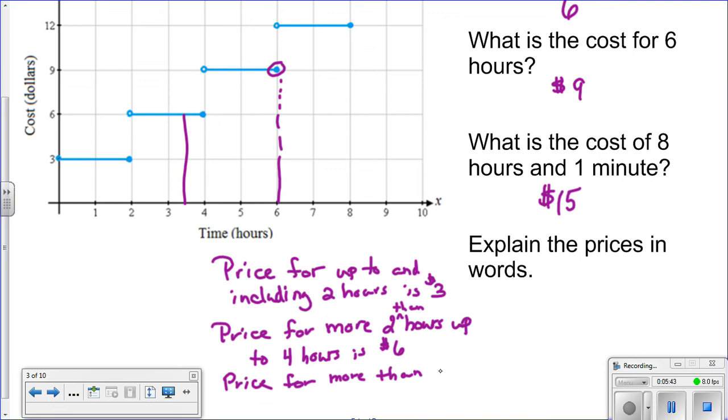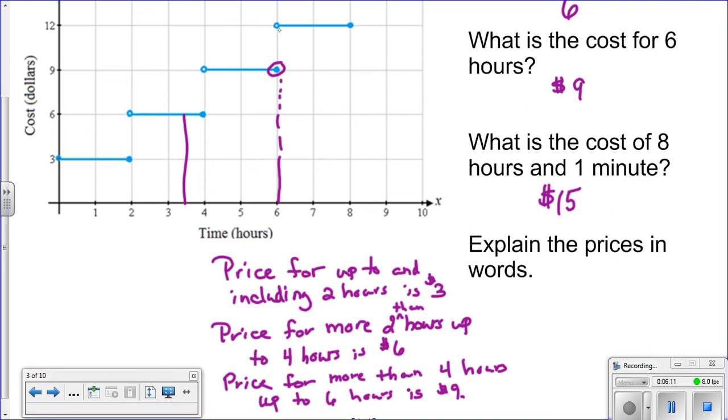More than, so we were at 2 hours up to 4 hours, so now we're at 4 hours up to 6 hours is $9 and so on.